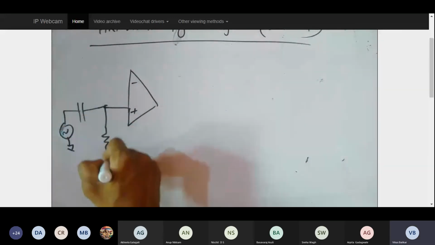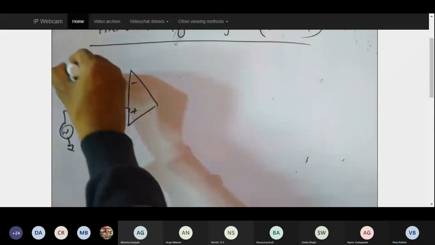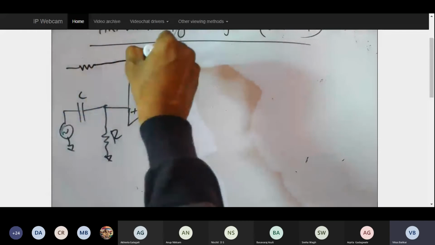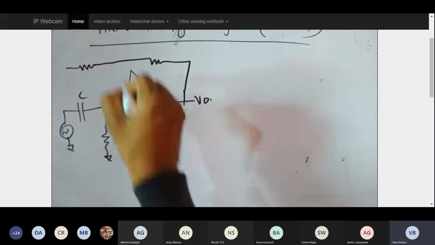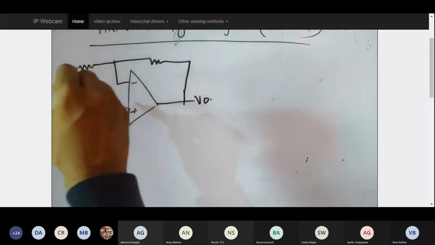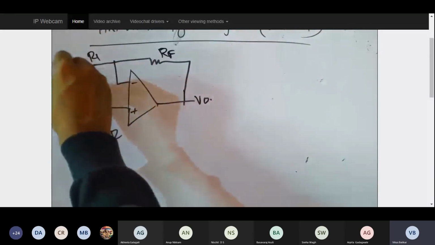It is merely a replacement of your capacitor and the resistance. Where the capacitor was, a resistance comes, and where the resistance was, a capacitance comes. That is the only difference you find between high pass and low pass. Other than that, there is no difference. And accordingly, your derivation will change.